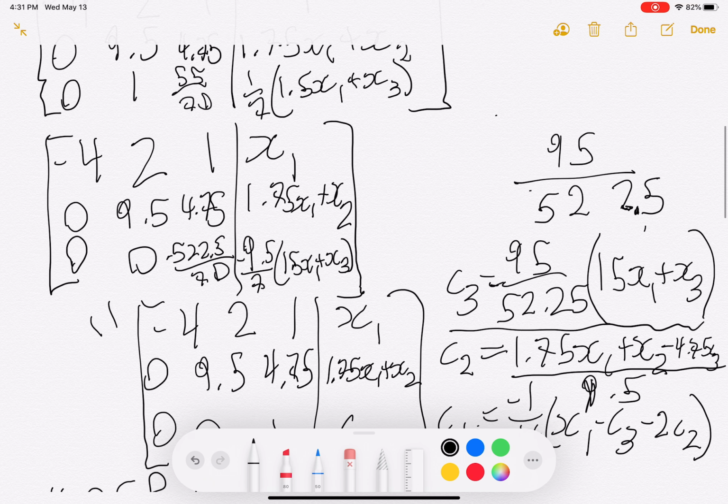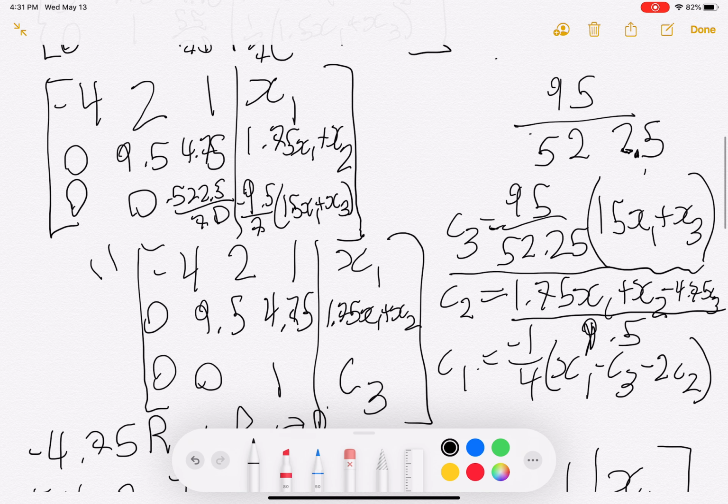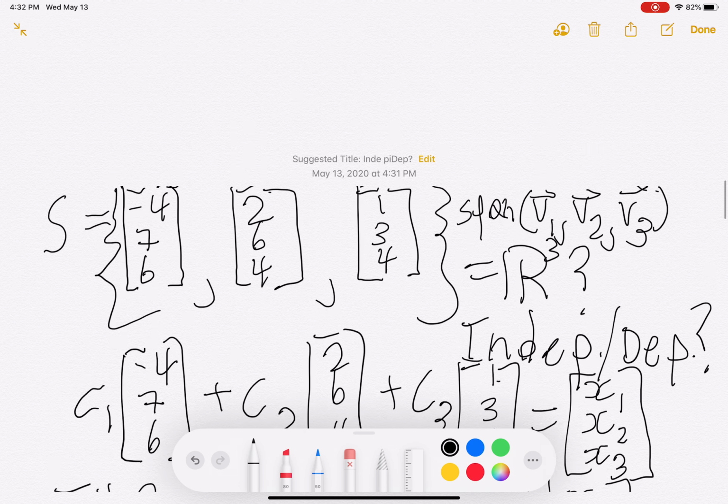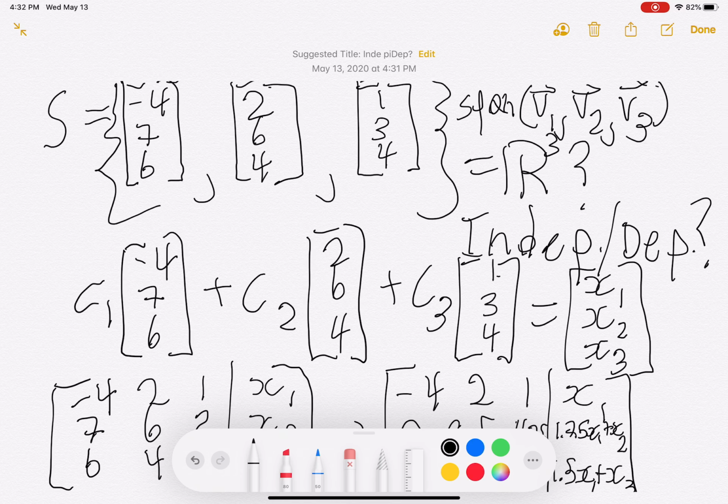So we've just proven that this can span any vector. So if you give me the coordinates of a given vector, the x1, x2, and x3, then I can give you the linear combination of this set of vectors, proving that this set of vectors does span R3.